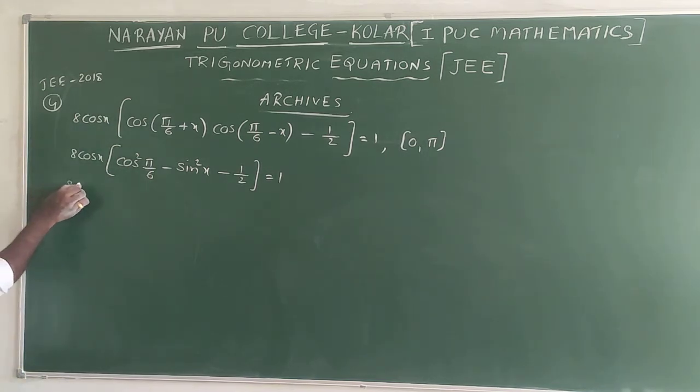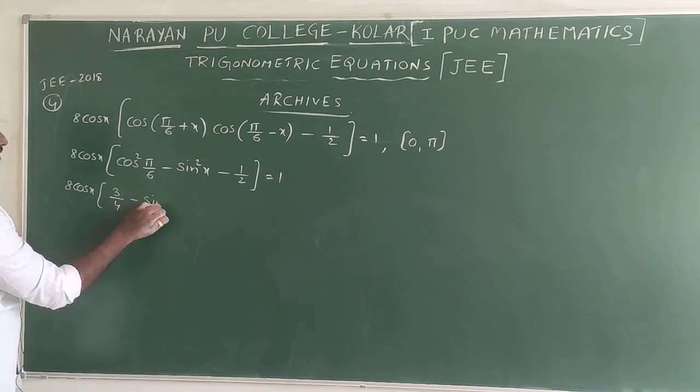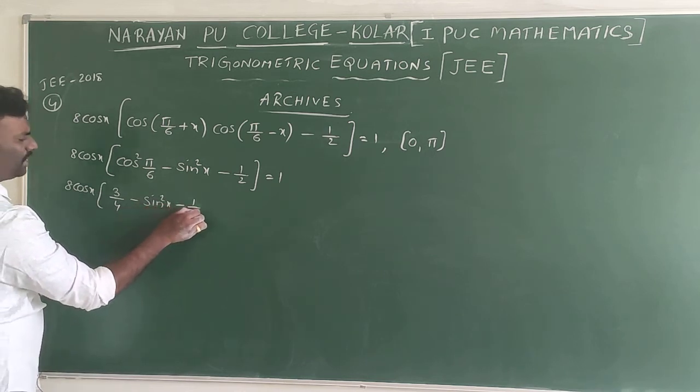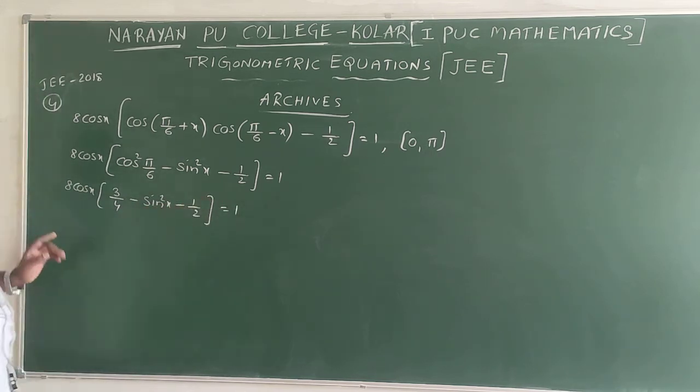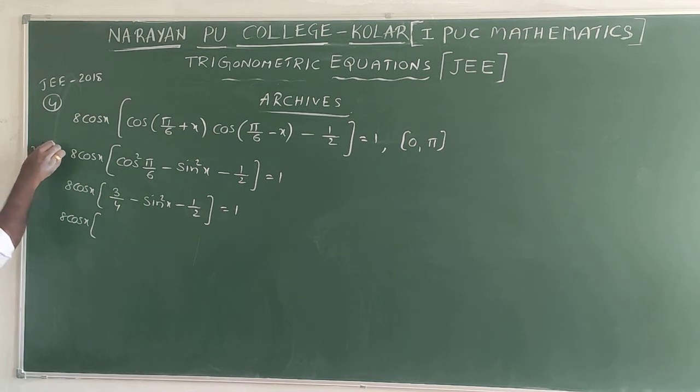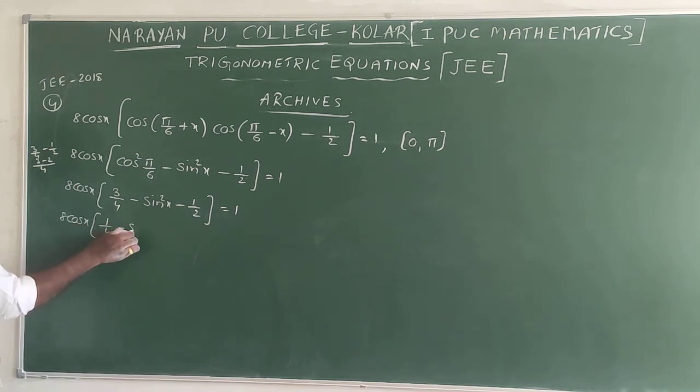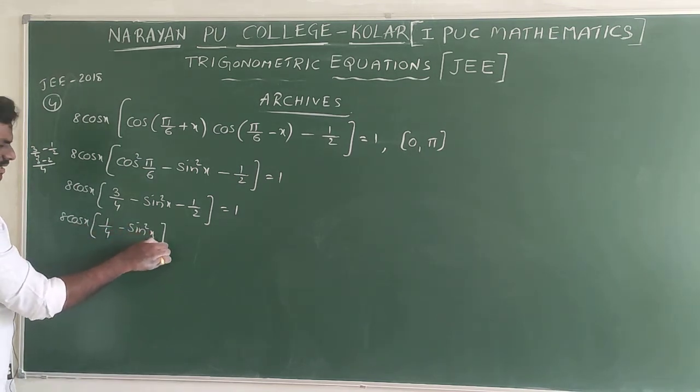Now 8 cos x into cos 30 value root 3 by 2 whole square, 3 by 4, minus sin square x, minus 1 by 2, that equals 1. Now I will simplify. 8 cos x, this 3 by 4 minus 1 by 2, LCM 4, 3 minus 2, 1 by 4 you will get, minus sin square x is equal to 1.